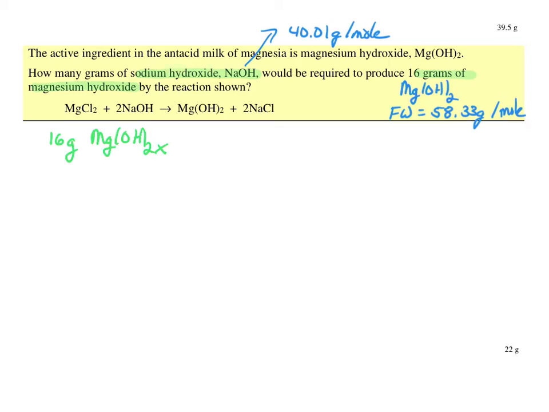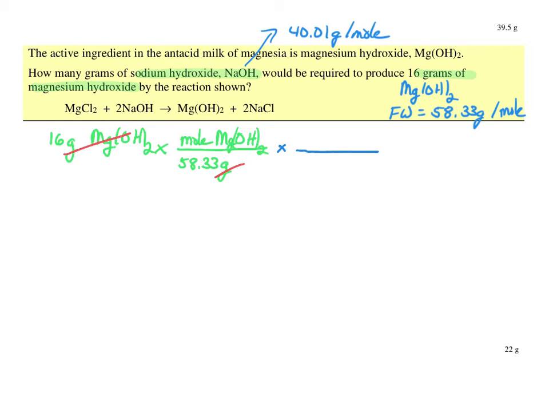To compare to another chemical, we need to have it on a mole-to-mole basis, so we're going to use the formula weight of magnesium hydroxide to get there. So we see that our units of grams have canceled. We have the number of moles of magnesium hydroxide.